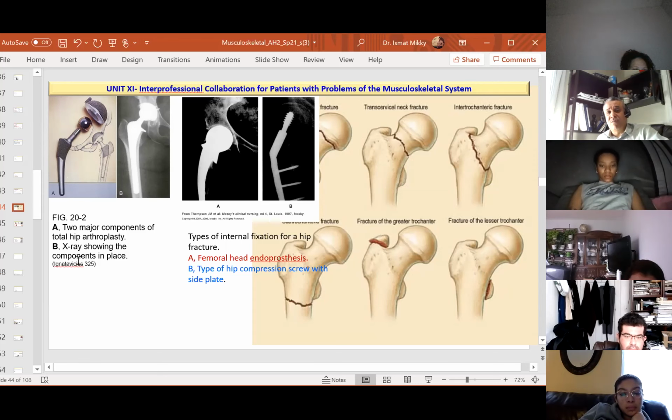So the affected one will be shorter than the healthy one, and the foot of the affected lower extremity will be externally rotated. So external rotation and a short affected lower extremity.